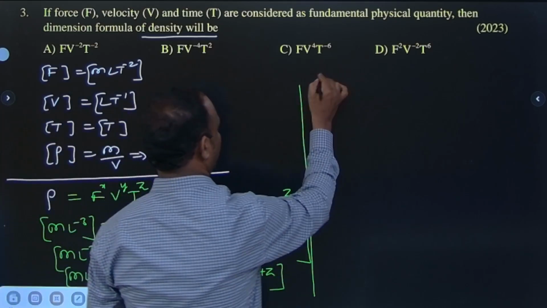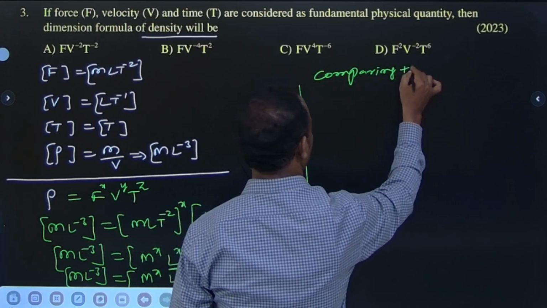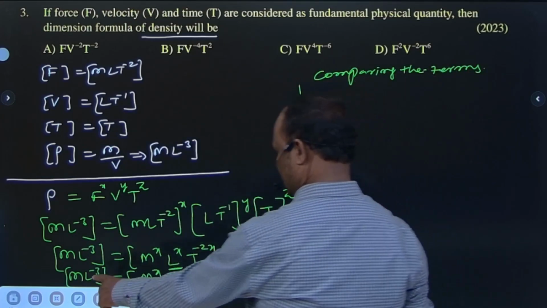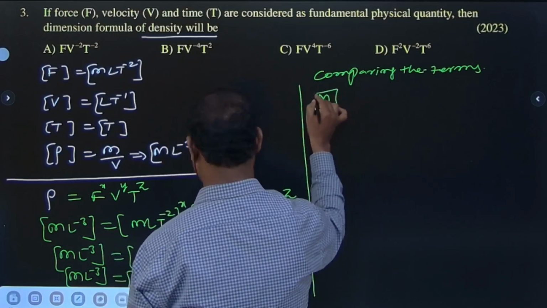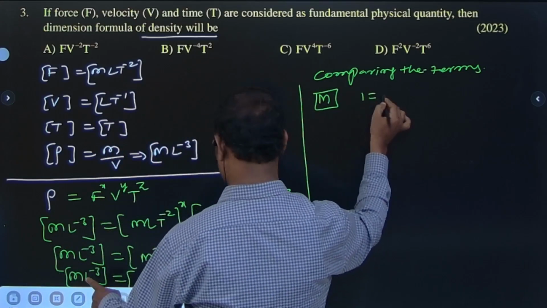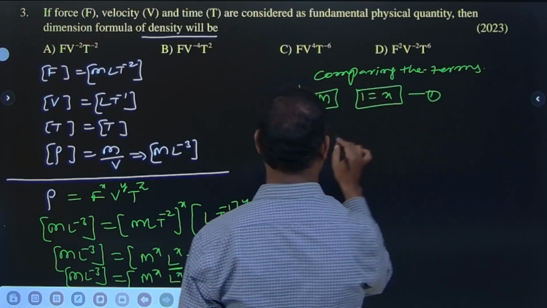First, comparing the terms of M: what is M here? 1, so 1 is equal to X. This is the first condition.